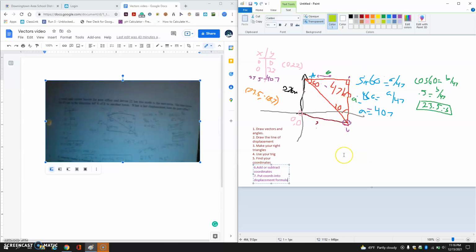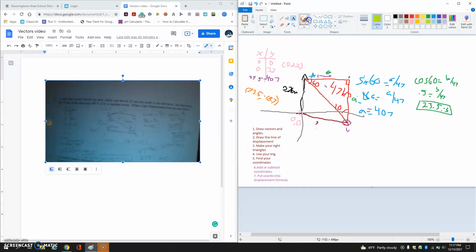Okay. Nope, not text, sorry. Brushes. Now, the formula is basically x squared plus y squared, with a being x, b being y.